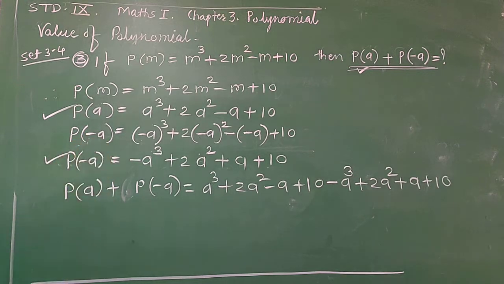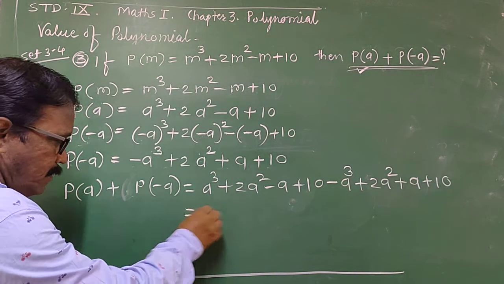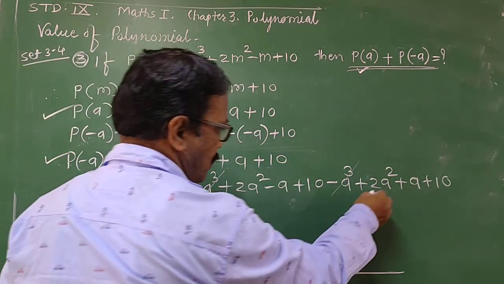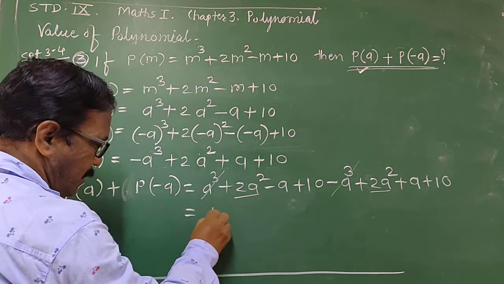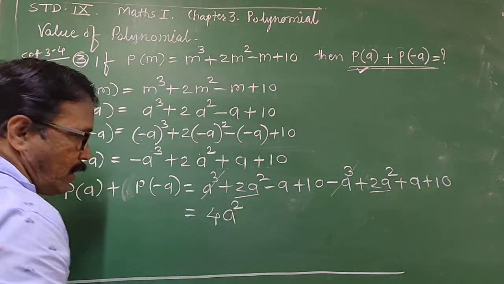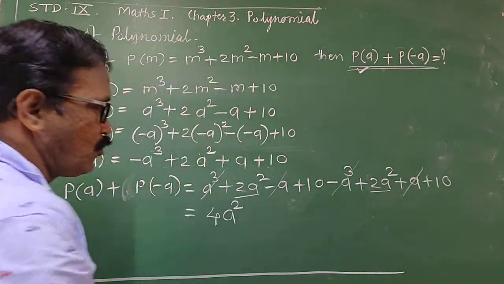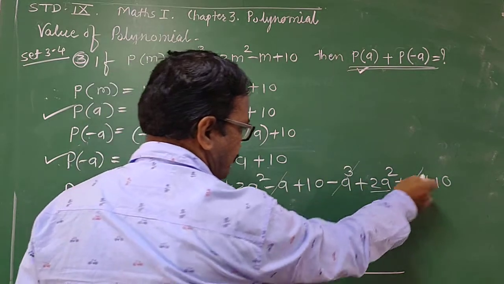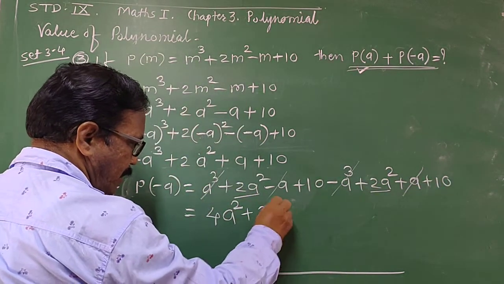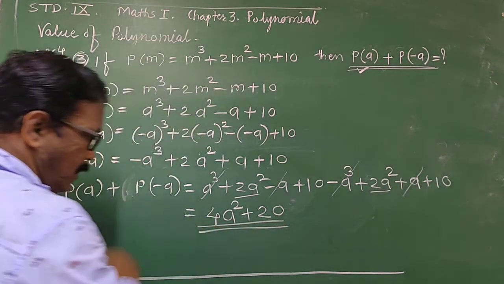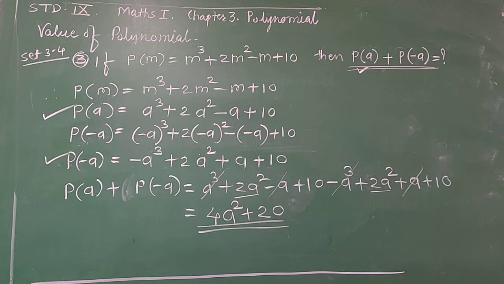So addition of these two, and then by simplifying, a cube minus a cube gone, 2a square plus 2a square, that is 4a square, then minus a plus a also gone, and remaining is plus 10 plus 10, that is plus 20. So this is the answer of given question. In this way we complete example number 3 from practice set 3.4.